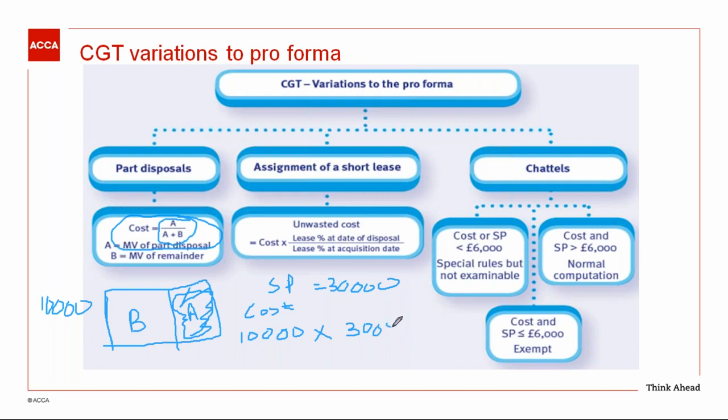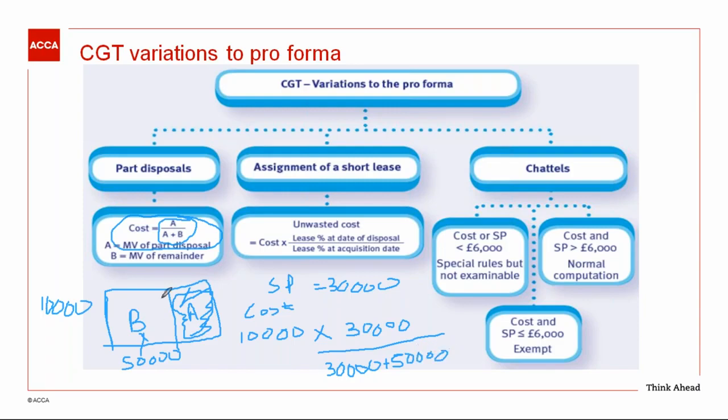The market value of A at the time of disposal is 30,000 pounds, and that is divided by A plus B. A, we know it's 30,000, and at the same time, we require the value of the balance part as well, the market value of B. Assume the market value of B at the time of disposal of part A is 50,000 pounds. So A plus B is 30,000 plus 50,000 pounds.